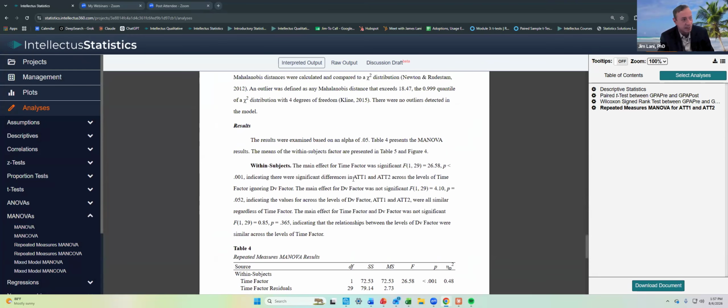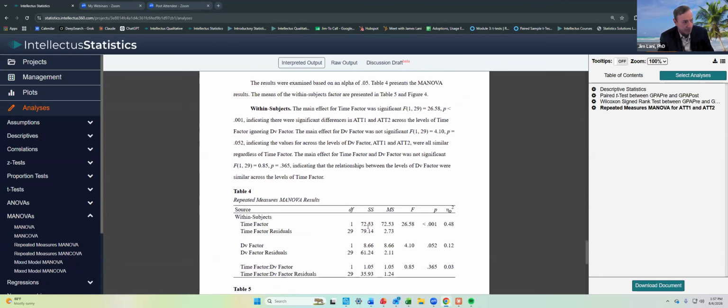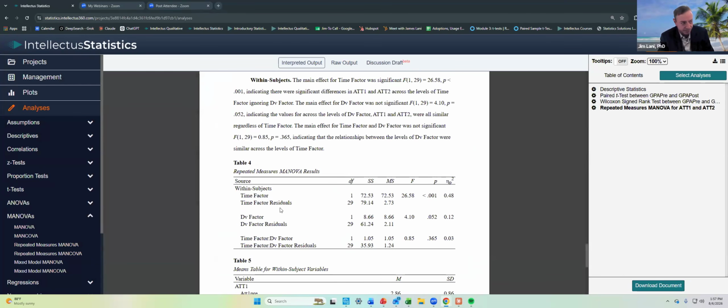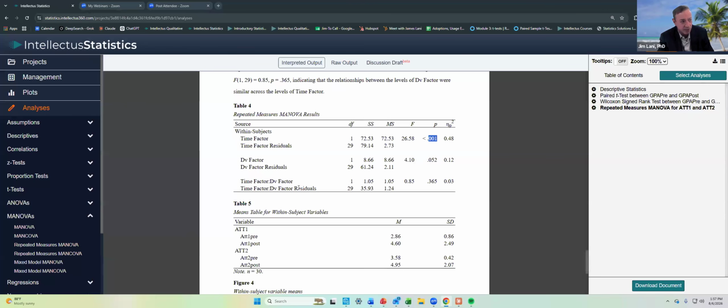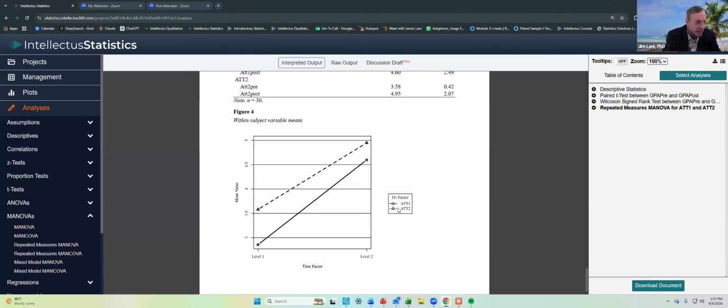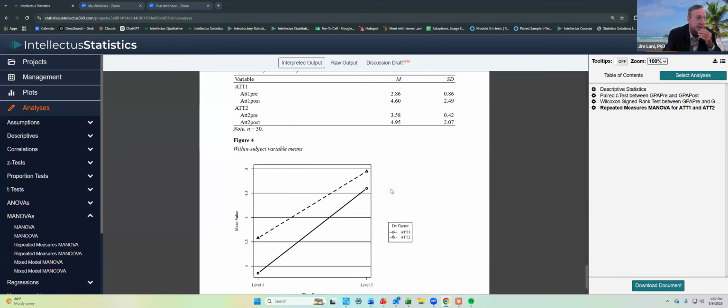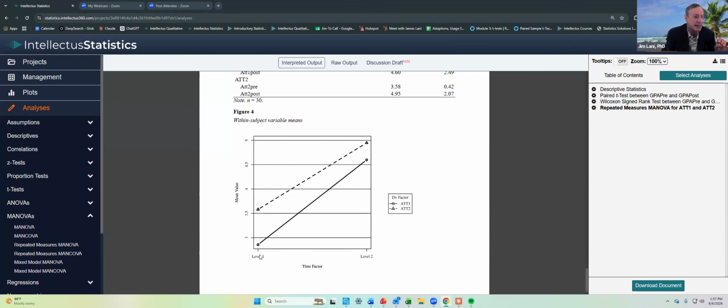This is the overall result. You can see, is there an overall difference from pre to post? Yes, there is. Is there an interaction between time and factors? No. This is going to be helpful. So this is the procedure. You can kind of see what's happening.